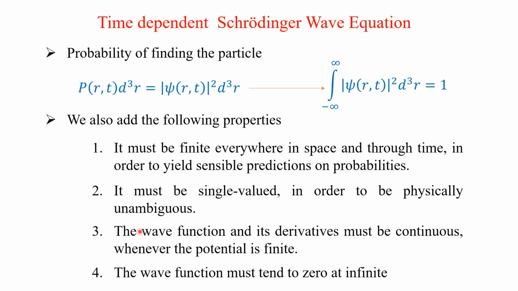Third, the wave function and its derivative must be continuous whenever the potential is finite. Finally, the fourth condition is that the wave function must tend to zero at infinity.